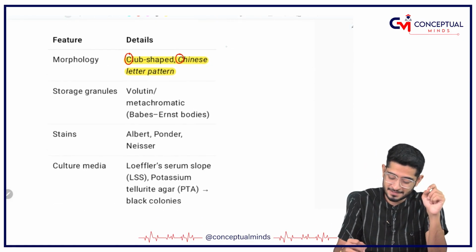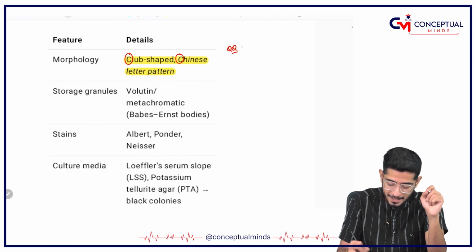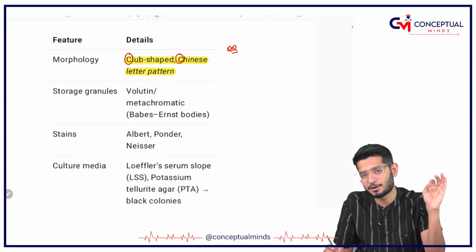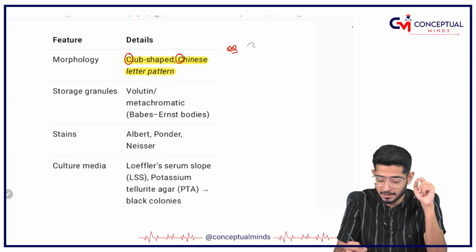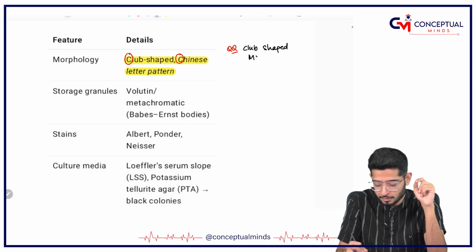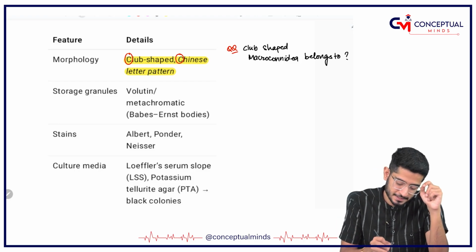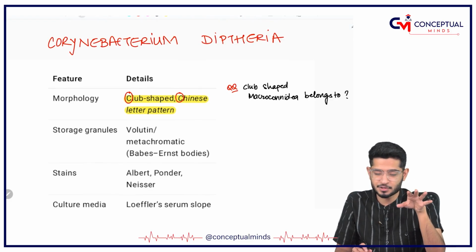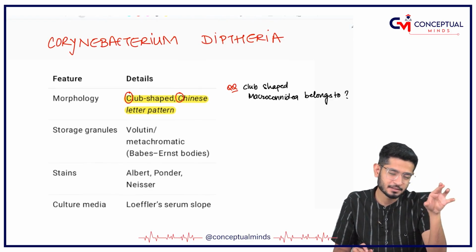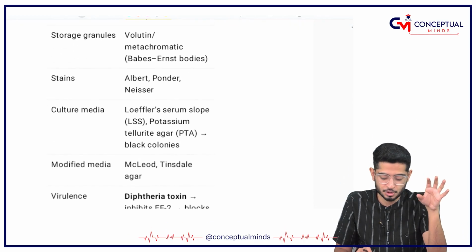Now, my dear friends, because nothing is possible without revision, I will make you revise a very important concept. The club-shaped macroconidia belongs to which organism? Basically, if you see the morphology of Corynebacterium diphtheriae, they are club-shaped, with a Chinese letter pattern appearance.